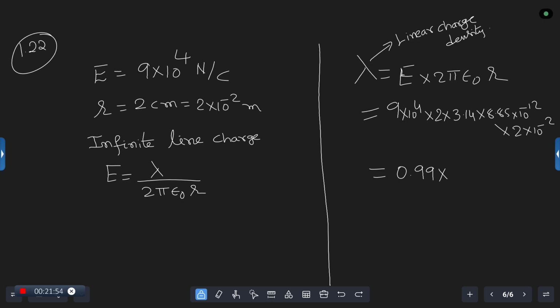Very good. 10 power minus 6 coulomb per meter. Linear charge density means what are the units? For linear charge density, coulomb per meter. Okay, so 0.1 into 10 power minus 6 coulomb per meter, approximately equals 0.1 microcoulomb per meter.